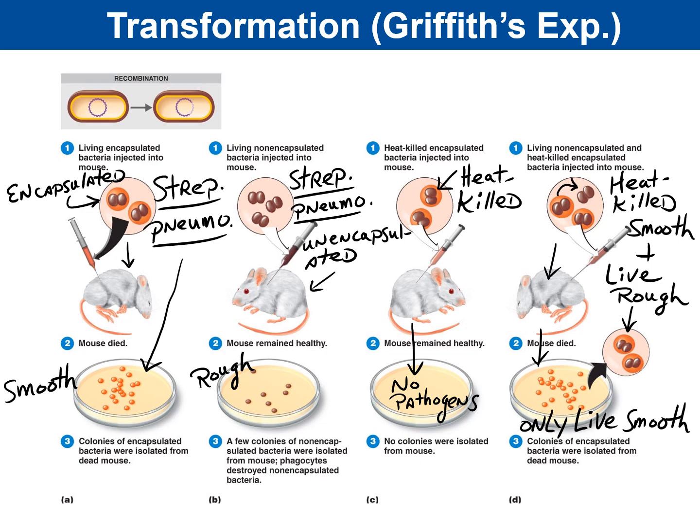And that allowed them to defy and defeat the mouse's immune system. And so transformation occurred in this case. And this is what Griffith's experiment had revealed: that genetic material could be transferred from a dead donor to a living recipient.